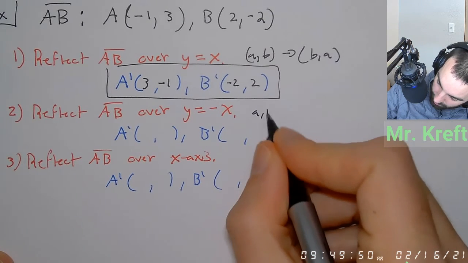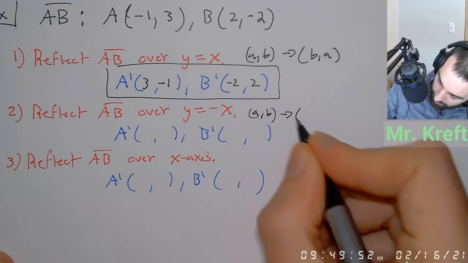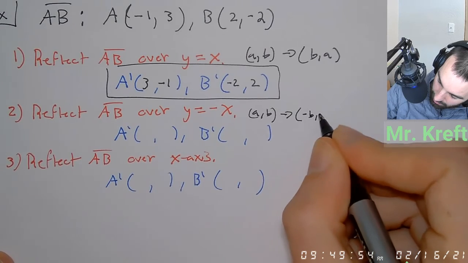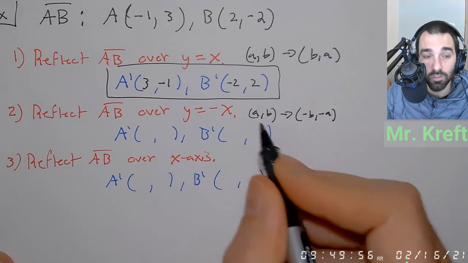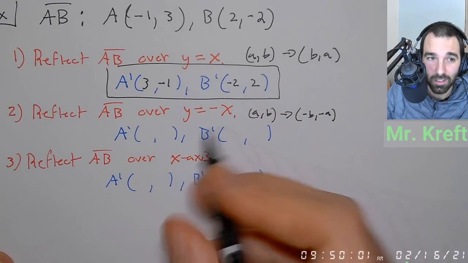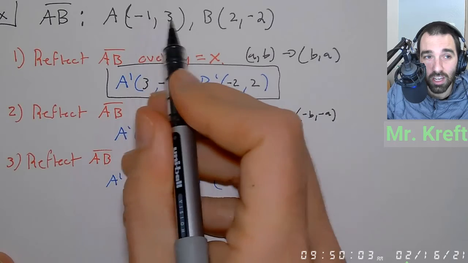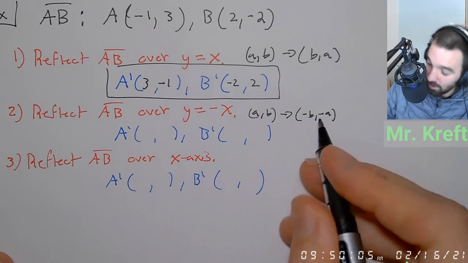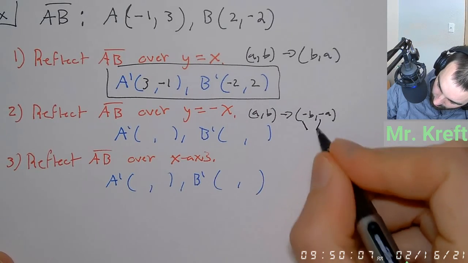And then here, my formula is AB becomes -B, -A. Now, with this, you guys see how I'm showing my work? Writing the formula down is showing work. So I'm going to switch A and B, but the negative means I'm going to change the sign.